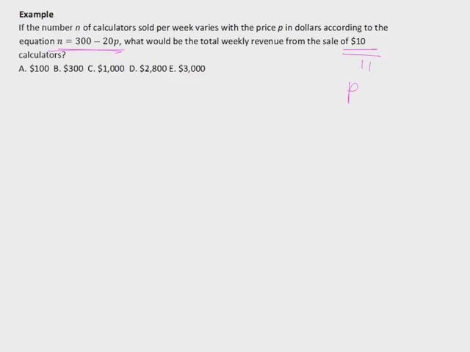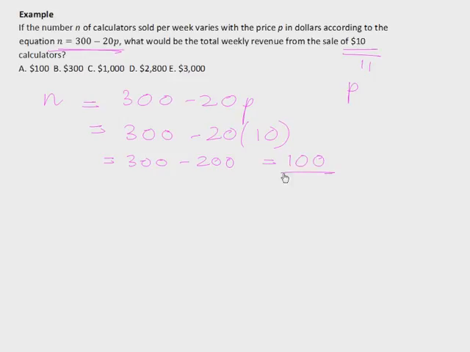So since p is given, let's plug it in without further ado and get n. N is 300 minus 20p. P is given as 10, so I get 300 minus 20 into 10, which is 300 minus 200, which is 100. So what's this telling me? That when the price is $10, the number of calculators sold is 100.